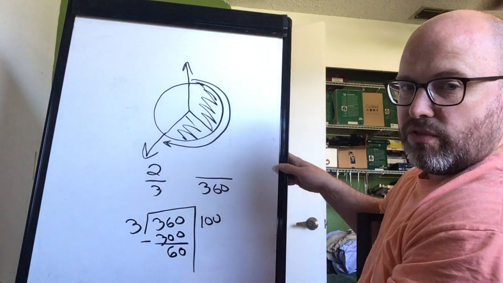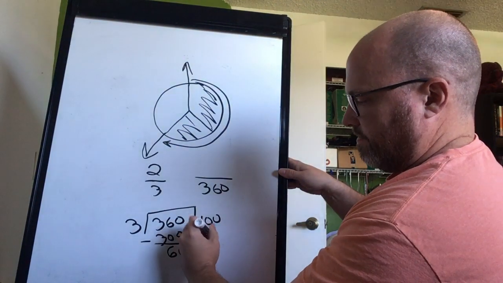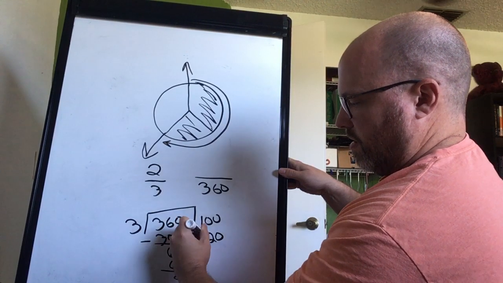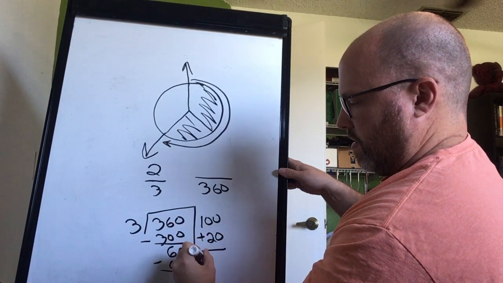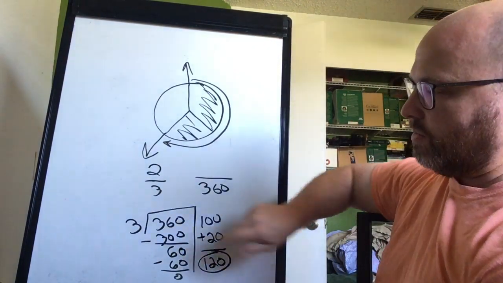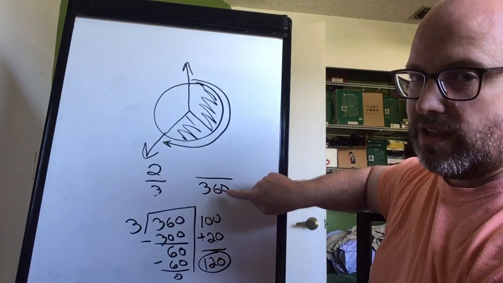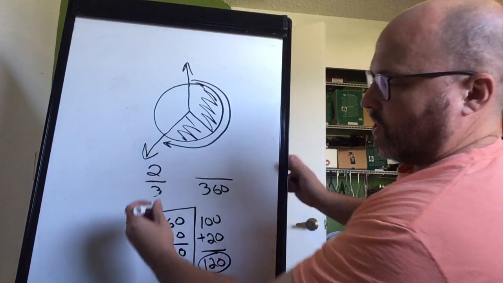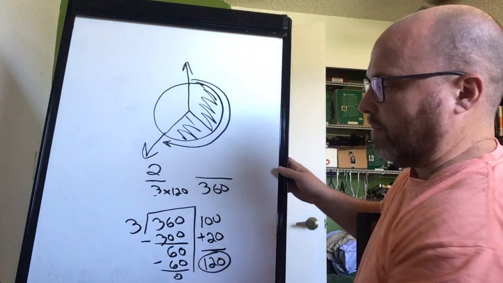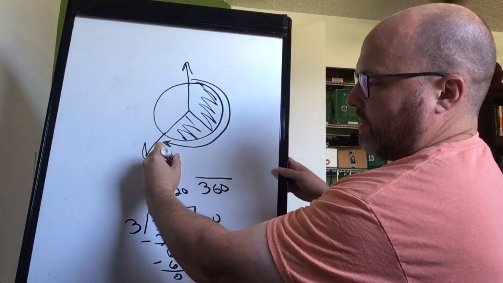And then I know that 3 times 20 is 60. Which means my answer is 120, which means 3 times 120 equals 360. So I have to multiply 120 on the bottom, and I'm going to multiply 120 on top.